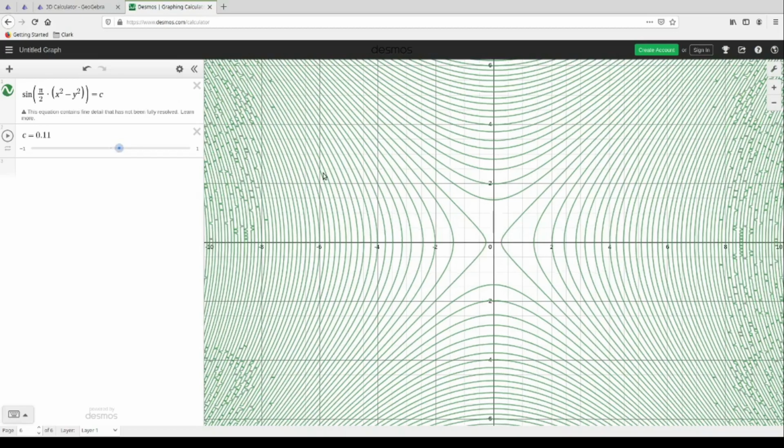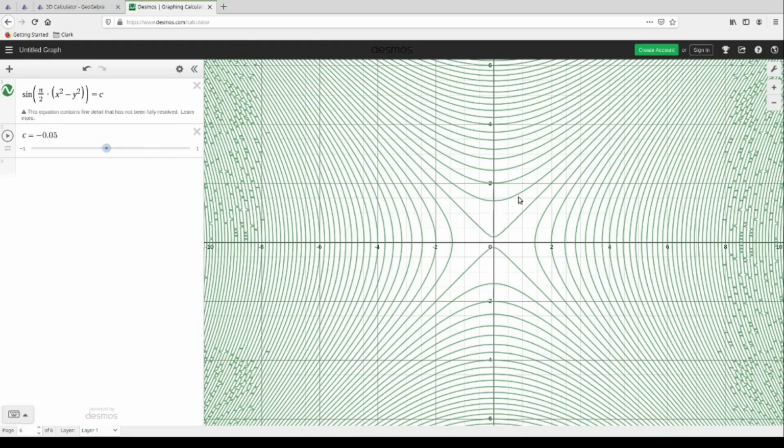And the level curves of this function are exactly hyperbolas. As you move around, the level curves are changing on these hyperbolas.